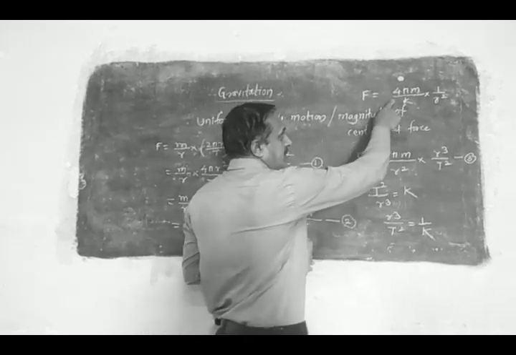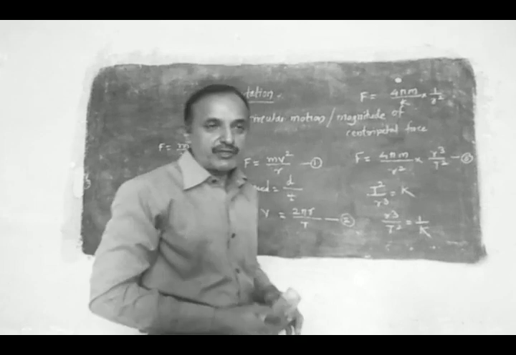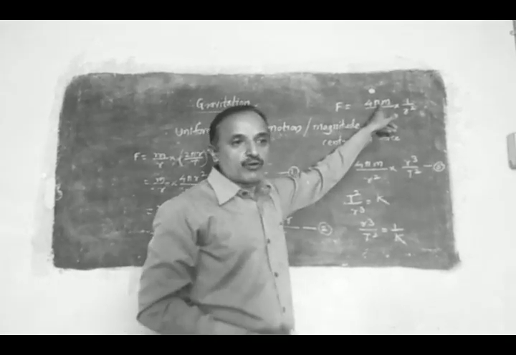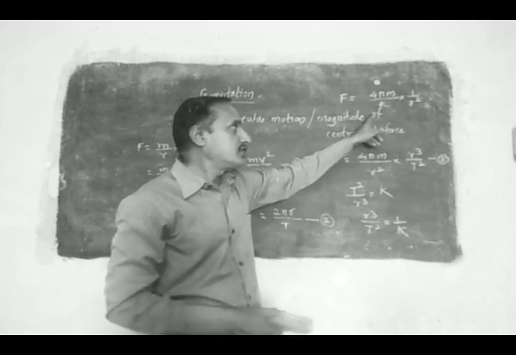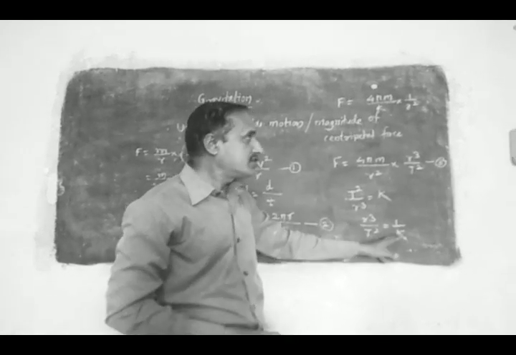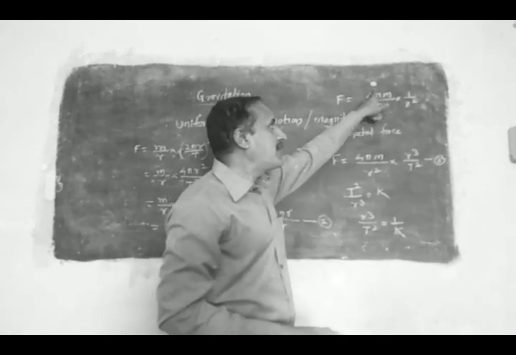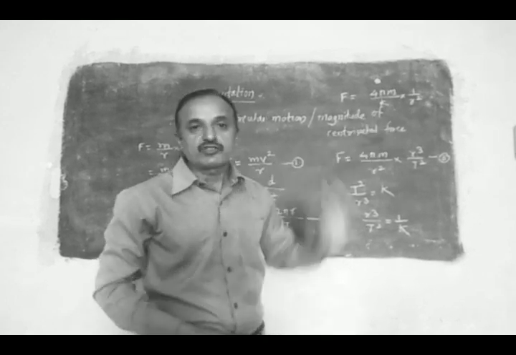So now see, 4 is a constant number. The value of pi is also a constant number. m is the mass of the object, also constant, k is also constant, so it means that 4 pi m upon k is a constant value.